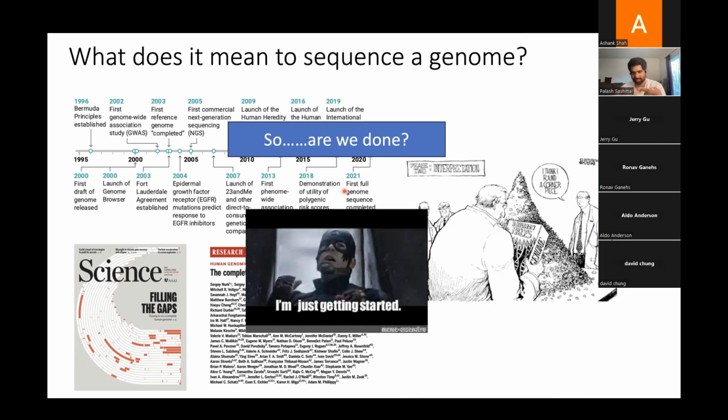There are certain small changes in the human genome between individuals. You must have noticed that we all look slightly different. And the reason for that is because we have some small changes between us in our genome. So you can imagine of the 3 billion base pairs in the human genome, around 10 to 100 million base pairs are different between any two humans. And so that's why they look different.